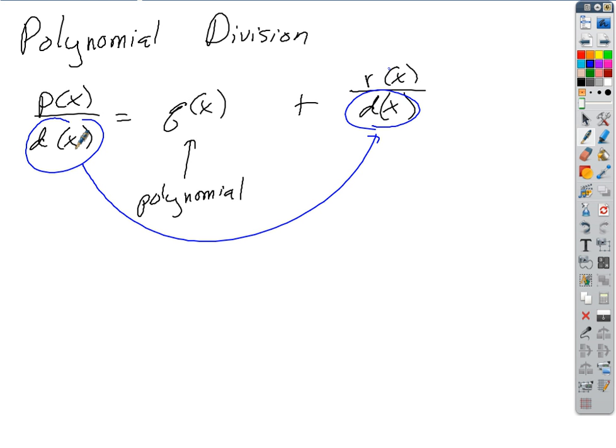For example, if we divided 11 by 3, we're going to get 3 and, which means plus, 2/3, right? Same kind of thing is going to happen with polynomials.